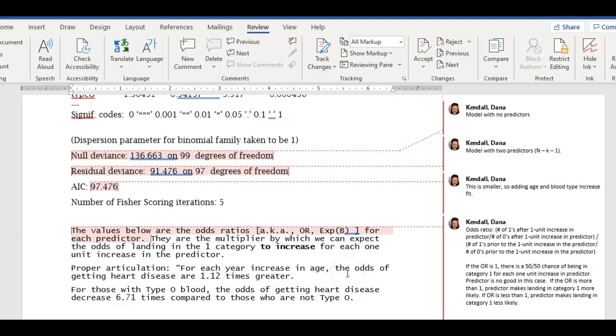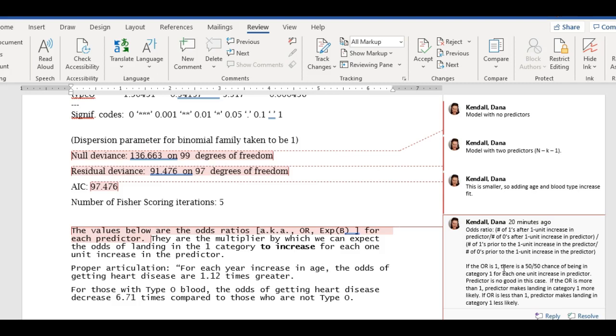Basically the odds ratio is a comparison, a proportion of odds, so a proportion of fractions, which is annoying. I wrote it all out here for you. So the odds ratio basically is for each predictor. We want to know that predictors' impact on the DV.